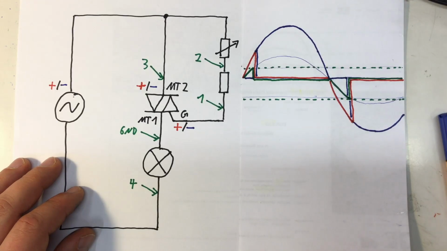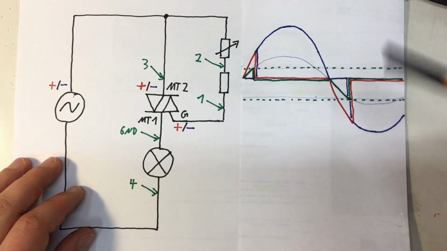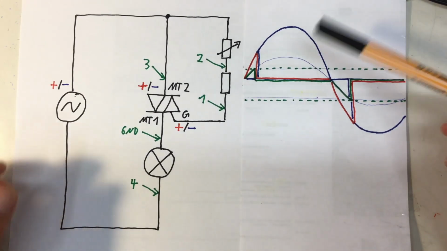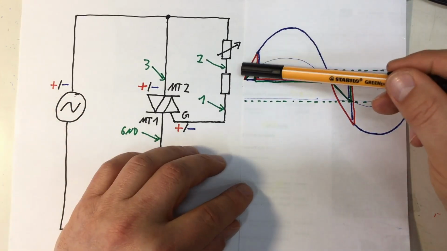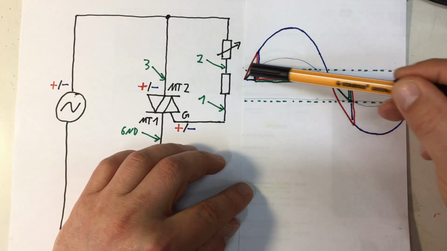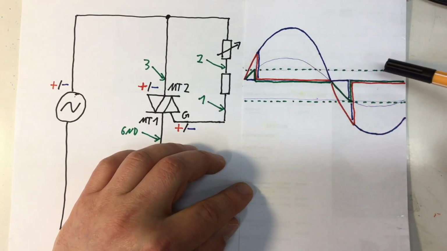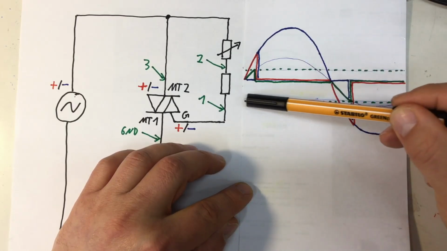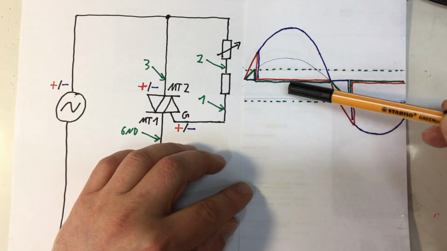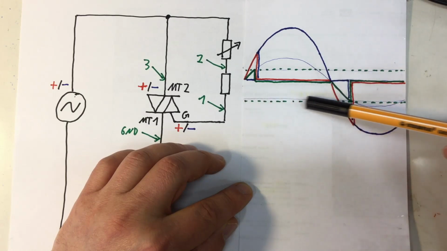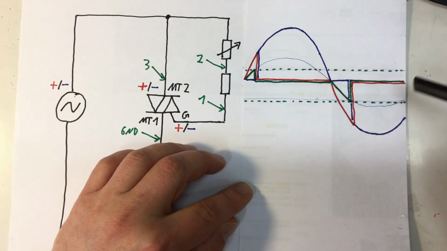So if I go to my awful doodle here, in the middle that's the 0 line. That dotted line here is the gate trigger current required for quadrant 1, and that one here, about twice as far apart from the 0 line, is the gate trigger current for quadrant 3.